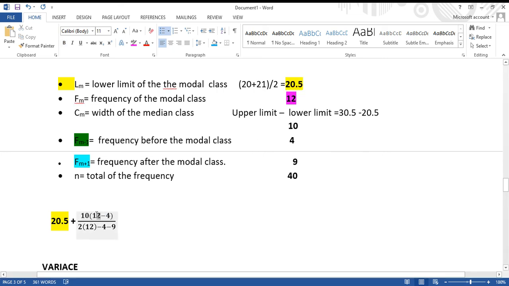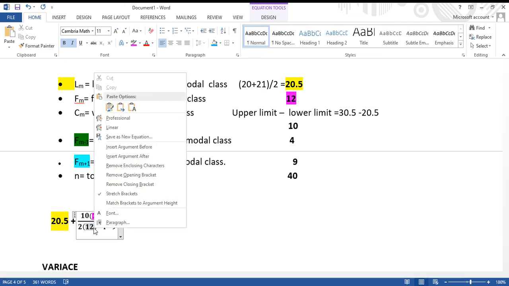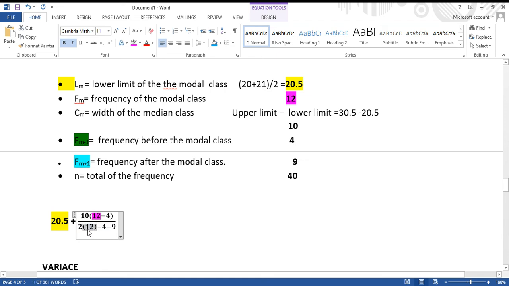Remember, we're going to multiply it by 2. That's our 12 there. Our class width is this 10. Our frequency before the modal class is the 4 here, and our frequency after the modal class is here.